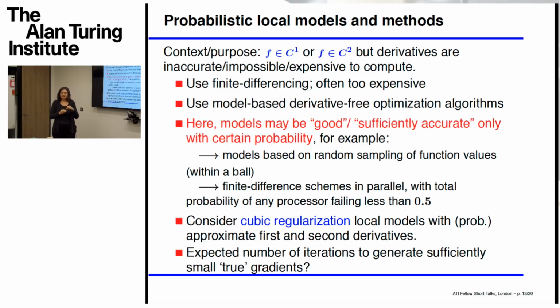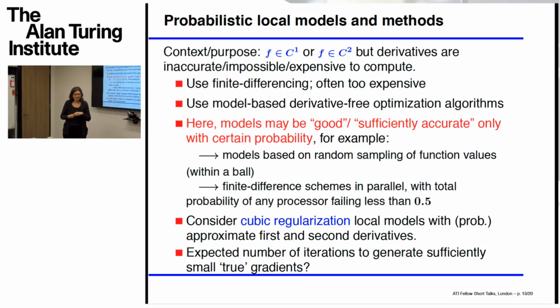So if I can still get a good model, even if I don't have actual first-order information, derivative-free optimization algorithms tell me I can apply the same kind of thing as before, pretty much. But we go a step further than this and say, what if I have these models only with a certain probability on each iteration? I just know that it will be sufficiently good with a certain probability.